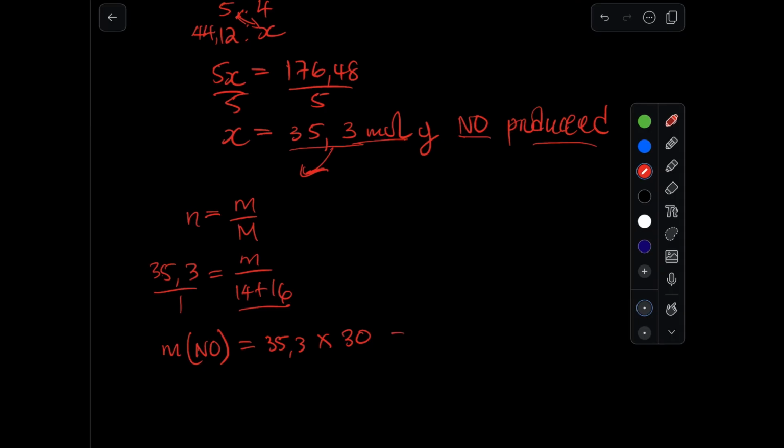It will be 1058,88 grams. It's the mass of nitrogen oxide produced or formed when oxygen reacts with the ammonia.